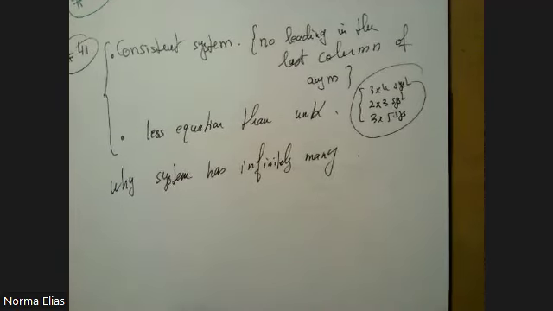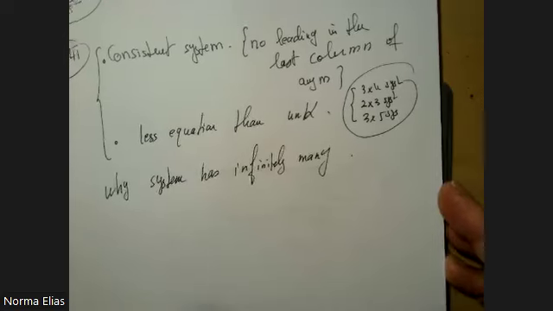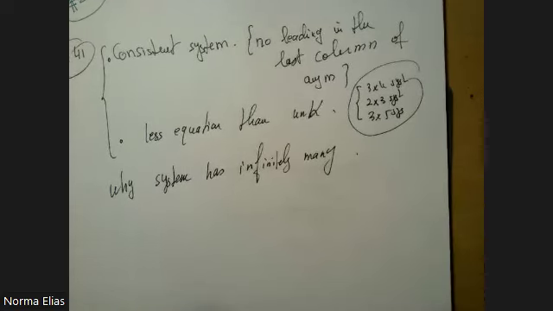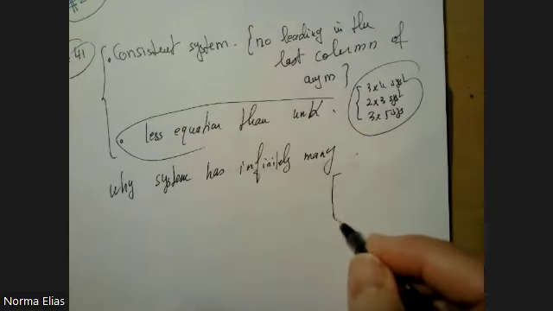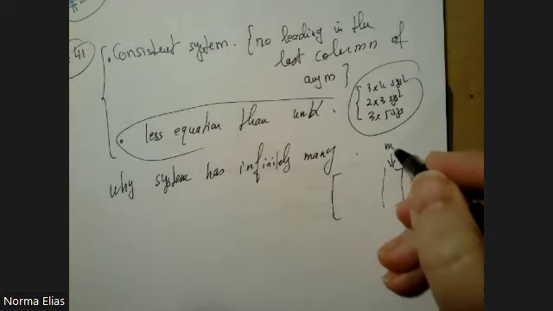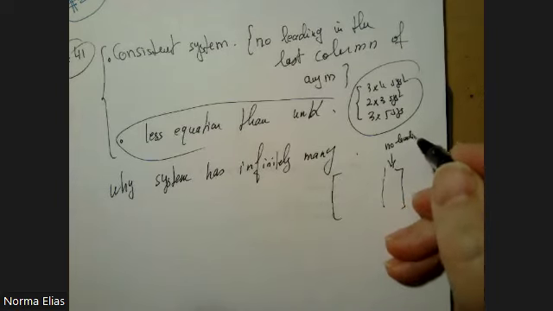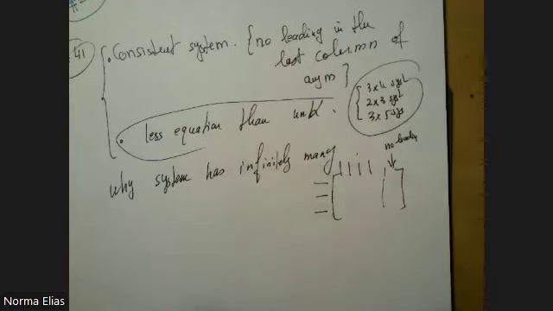Who would like to tell us why it is the case? It's not a hard question. It is consistent and you have fewer equations than unknowns, so it has to have a free variable. We know there is no leading entry in the last column. Say we have 3 equations but at least 4 unknowns.